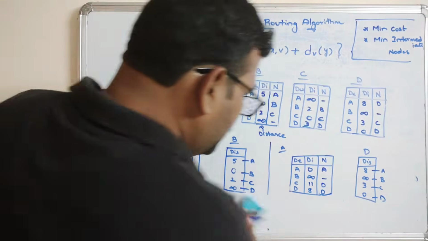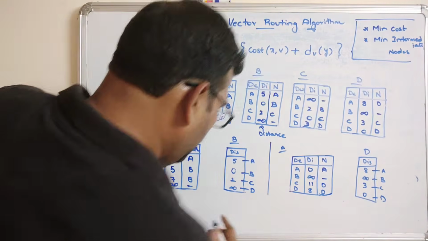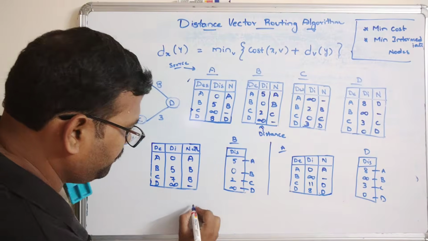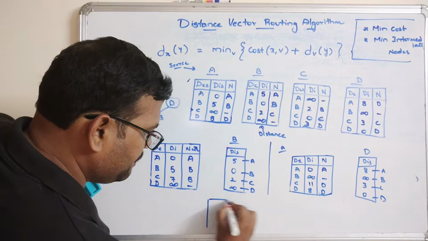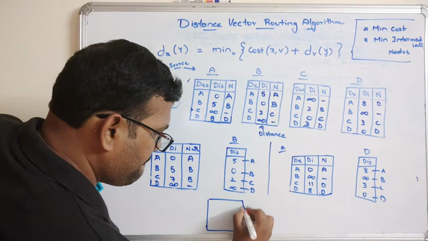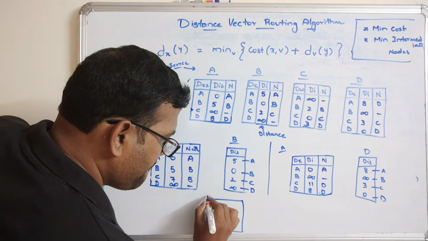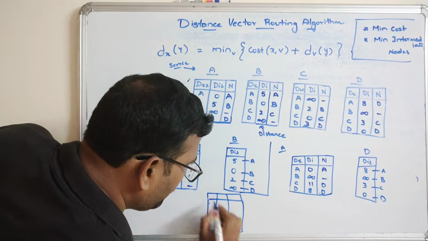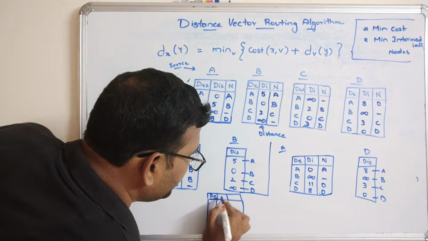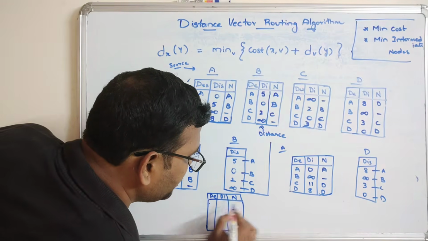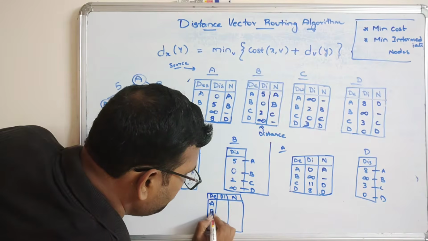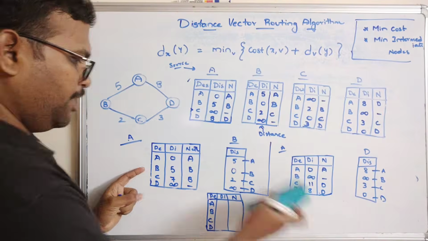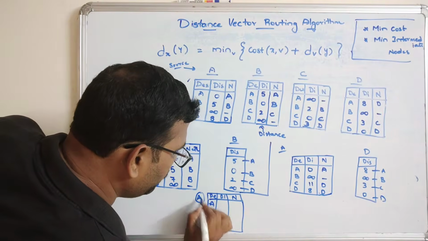So now you can observe, I'll update this one. So this is the destination, this is the distance, and this is the next hop. So A, B, C and D. Consider both the tables.